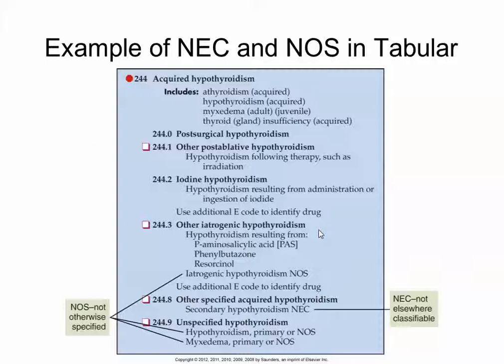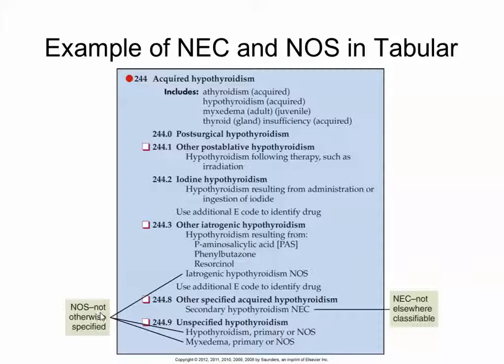That means that it's caused by some type of medical treatment, whether it's surgical, pharmaceutical, whatever the case. But let's just say our physician documented something else that doesn't fit into post-surgical or post-ablative or iodine or other iatrogenic. Then we've got to say that it's other specified acquired hypothyroidism because it's not elsewhere classifiable.